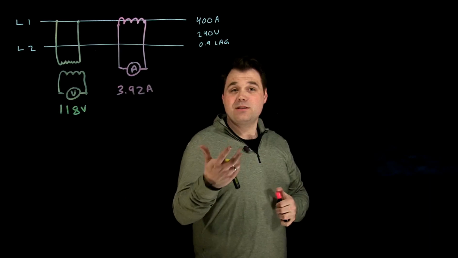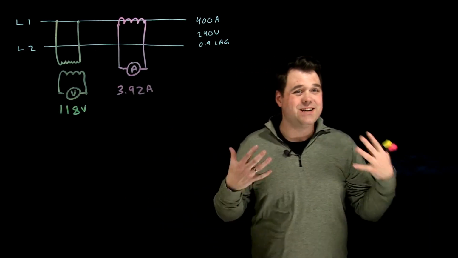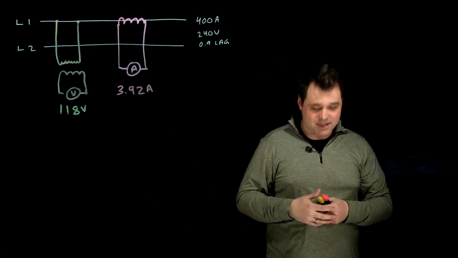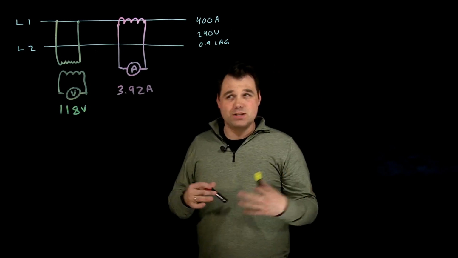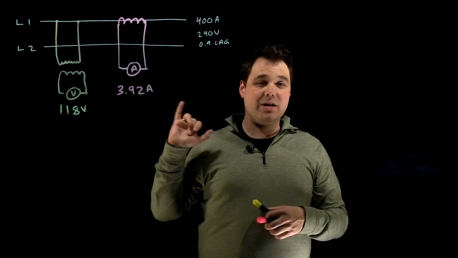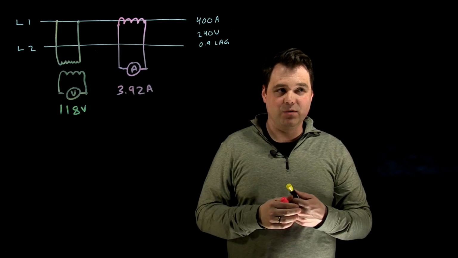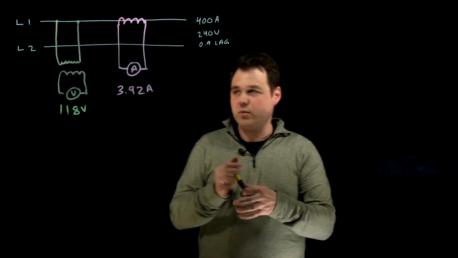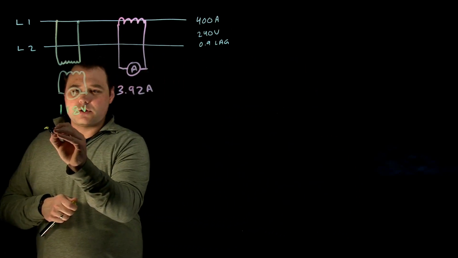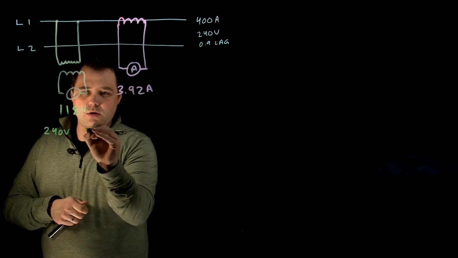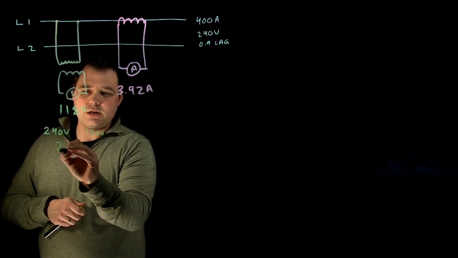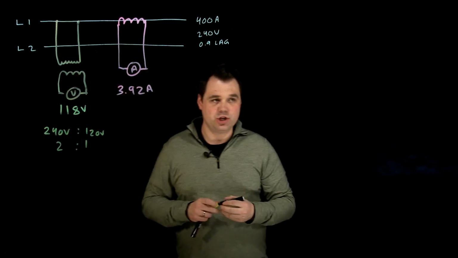Well, the thing to remember here is it's all about ratios with CTs and with PTs. So with a potential transformer, our rated secondary is always 120 volts. So if we're looking at this, we would say, okay, well, 240 volts to 120 volts is a 2-to-1 ratio.